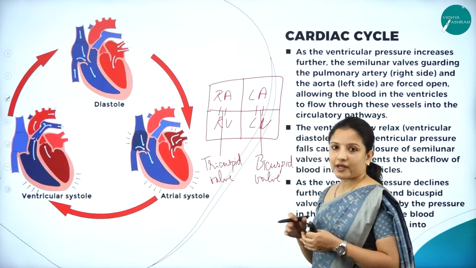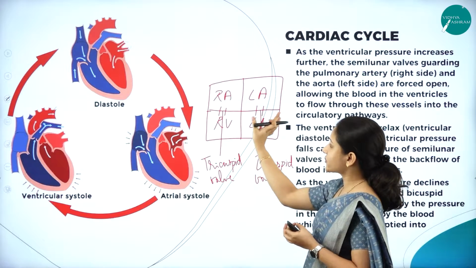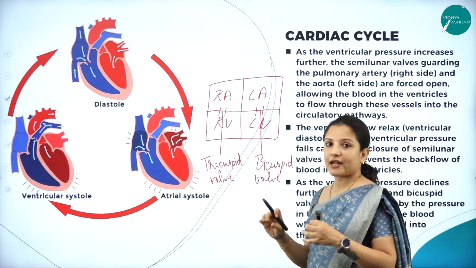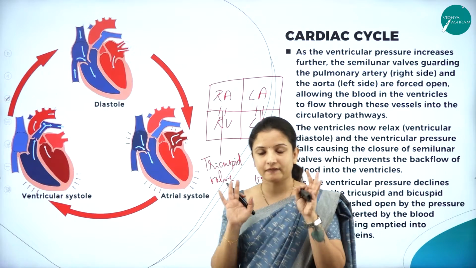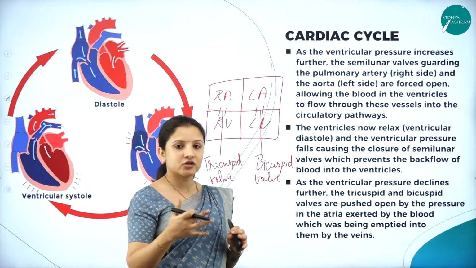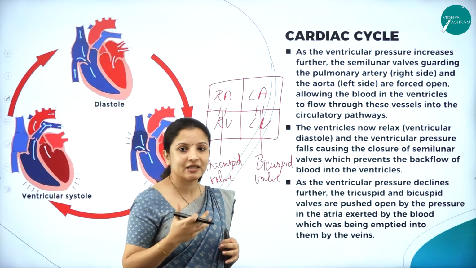So much we have understood: as and when the contraction occurs in the right and the left ventricle, a pressure is created which closes the tricuspid and the bicuspid valve. Moving further, the ventricular pressure keeps on increasing. Why?